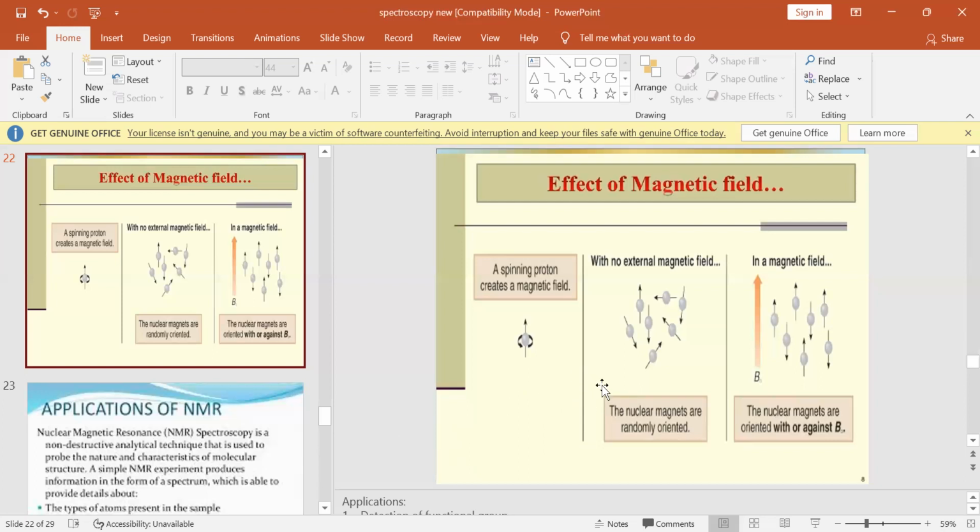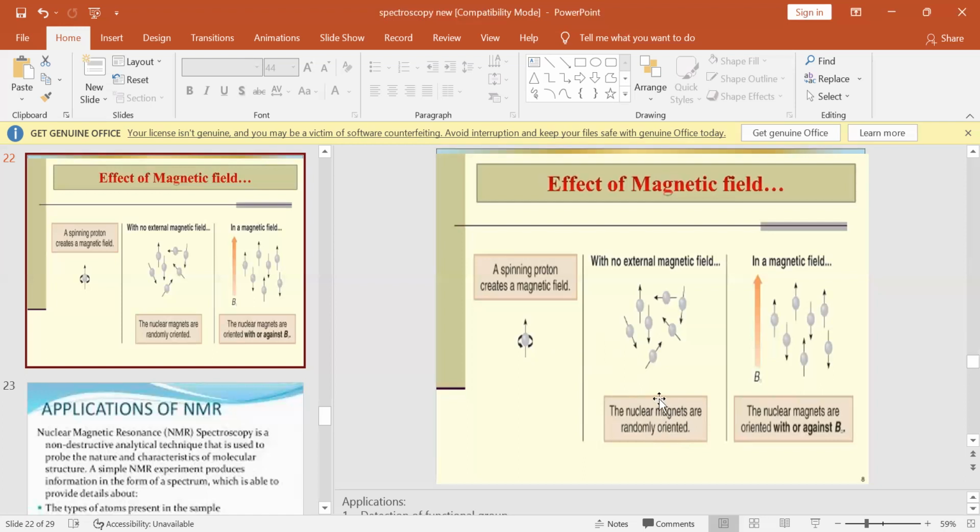Then, when a charged particle such as a proton spins on its axis, it creates a magnetic field. Imagine that a nucleus is a tiny bar magnet. These nuclear magnets are randomly oriented in the absence of an external magnetic field, pointing in different directions.